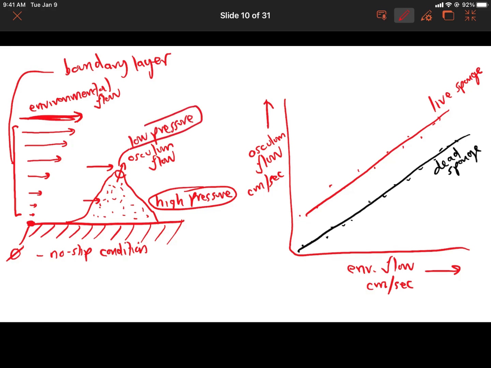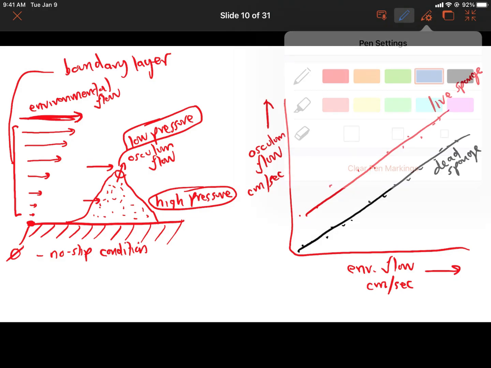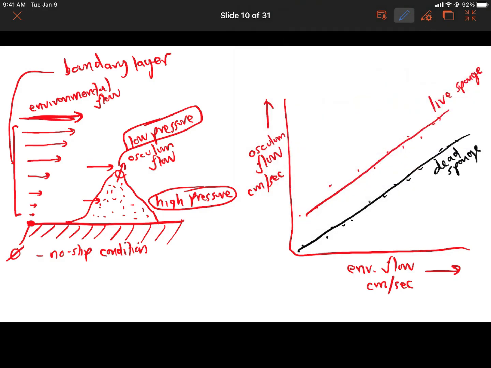So think about how an airplane wing works, and once you remember that, you'll see that this is just like an airplane wing full of holes, basically. So it's low pressure up at the level of the osculum just because of the velocity of that environmental flow. Because of that, you automatically get flow driven from this area of high pressure to an area of low pressure.